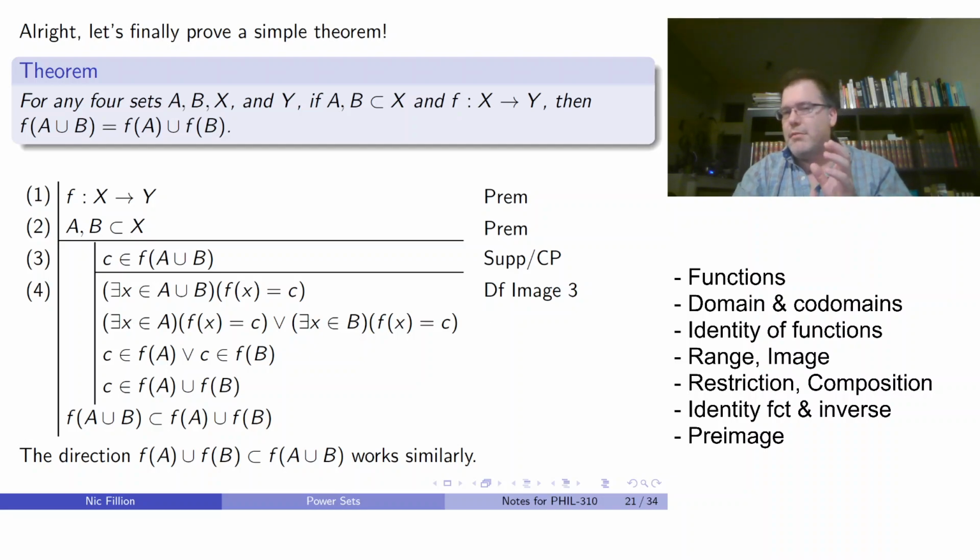So I'm going to leave it to you to clarify how that step is made. But I hope you don't need too much time to understand that it is true, that it is a valid inference.